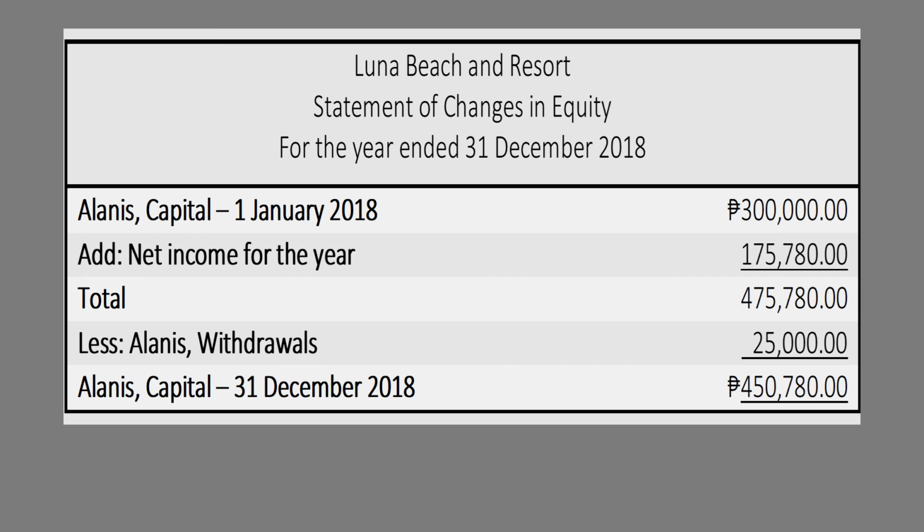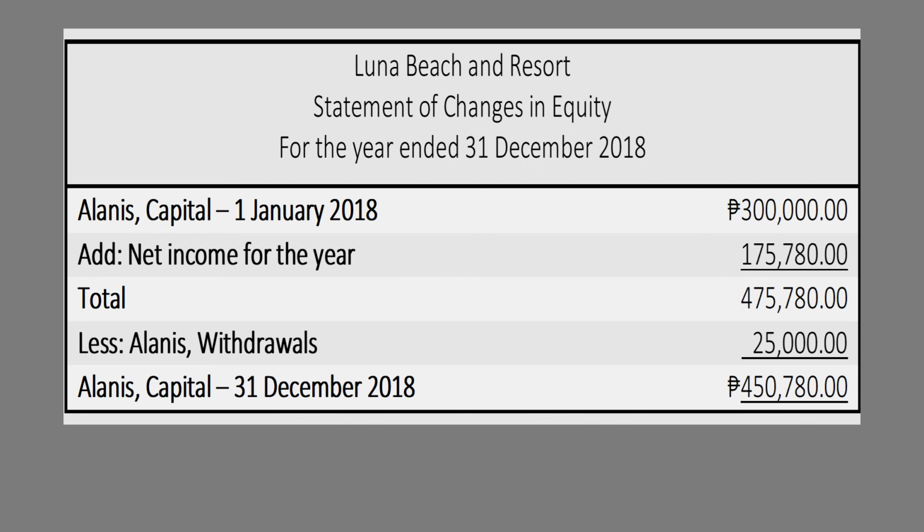And then, for the first part, kailangan nakalagay ang capital or ang beginning capital niya, which is 300,000 pesos noong January 1, 2018. Then, we will add the net income for the year. So, meron siyang 175,780. So, meron tayong subtotal na 475,780.